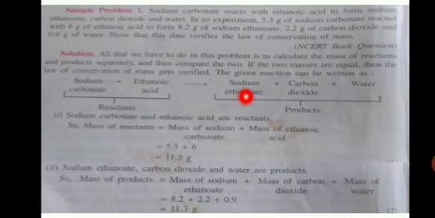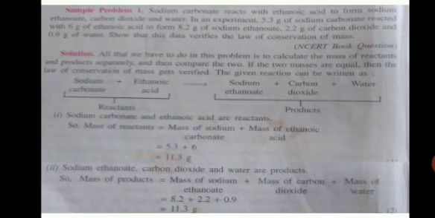So how many products are there? 3 products are there. Here 2 reactants. So all the masses are given. 5.3 gram of sodium carbonate, 6 gram of ethanoic acid, 8.2 gram of sodium ethanoate, 2.2 gram of carbon dioxide and 0.9 gram of water. All the masses were given.